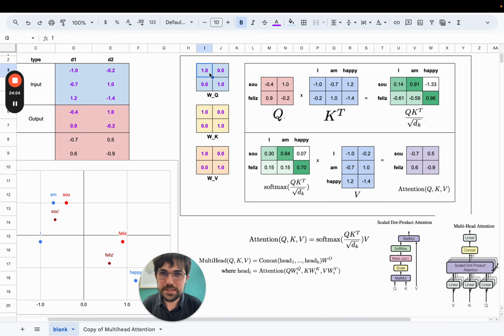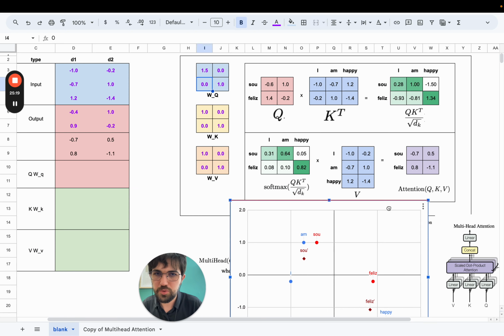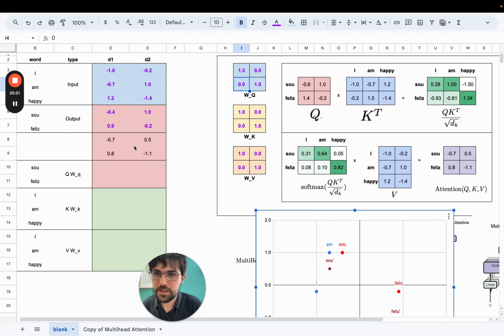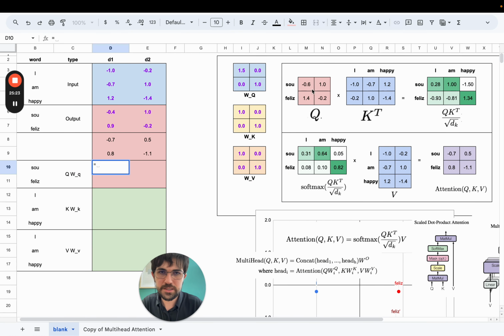For example, let's first change the weights that are connected with the query. The query here is our output, and if I have, for example, instead of 1, let me put 1.5, and also let's visualize what would be this output. So here I'm going to place this vector so that we can visualize.